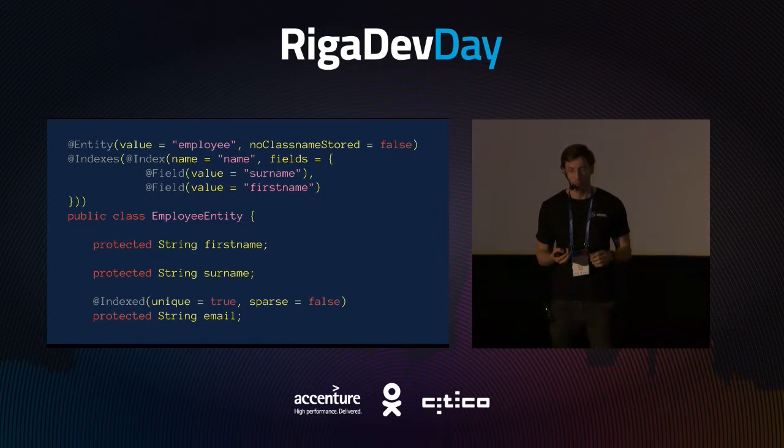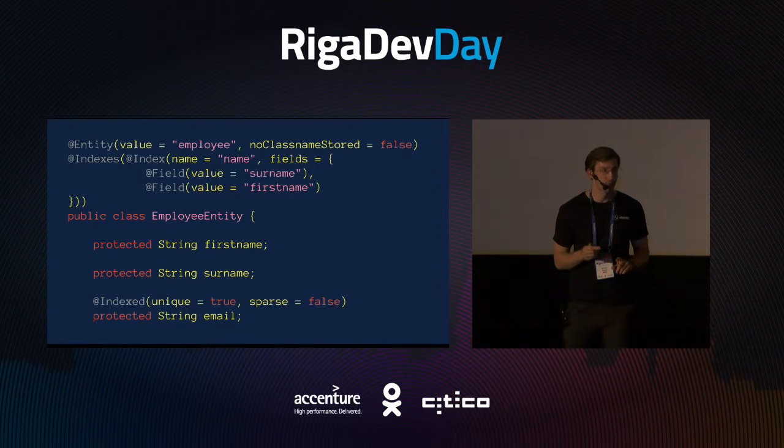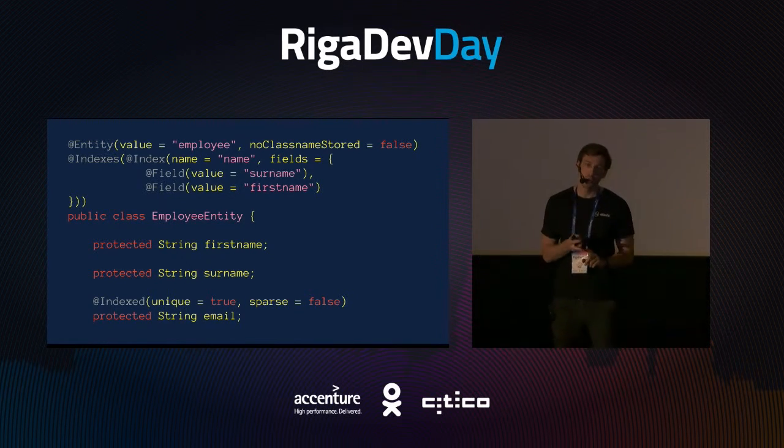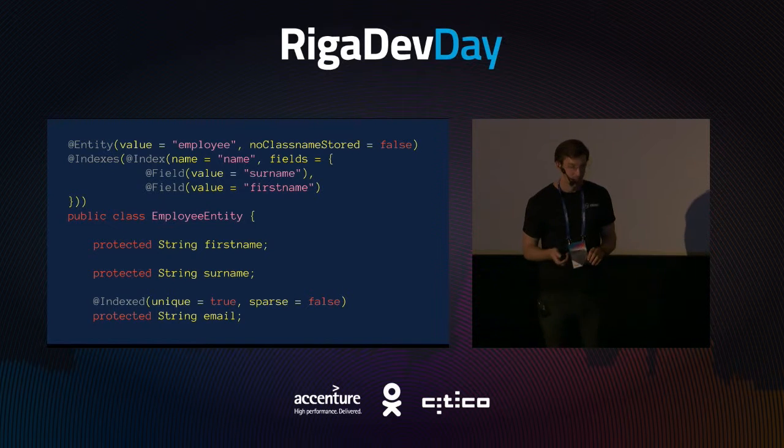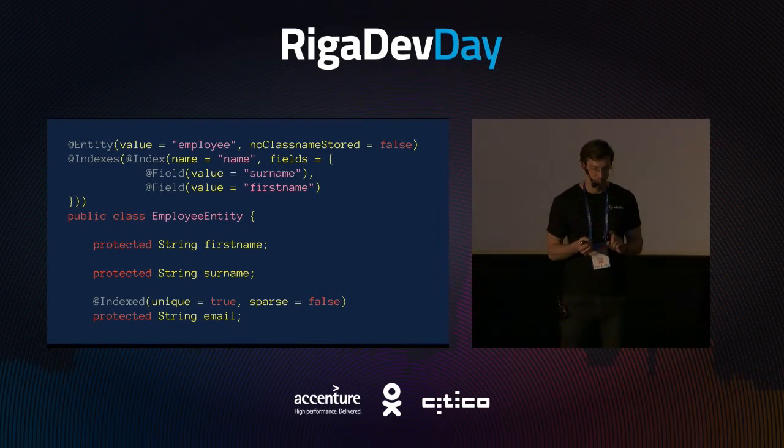The first one is for name, consisting of surname and first name. This will help you both for queries only on the surname or on the combination of surname and then first name. This index won't help you for queries just on first name. And at the bottom, email needs to be unique and sparse.